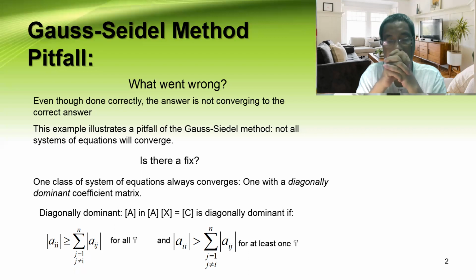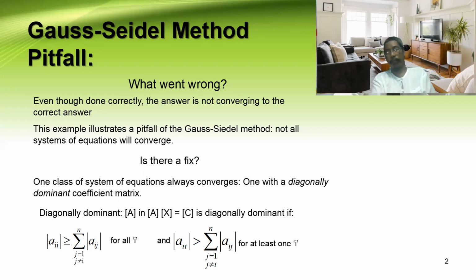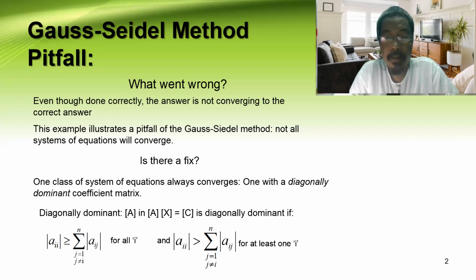Meaning of one i, i is the row, for at least one row, a_ii is greater than a_ij.